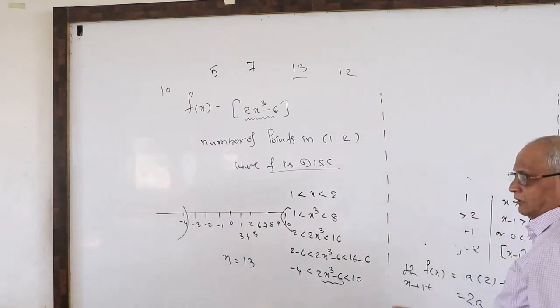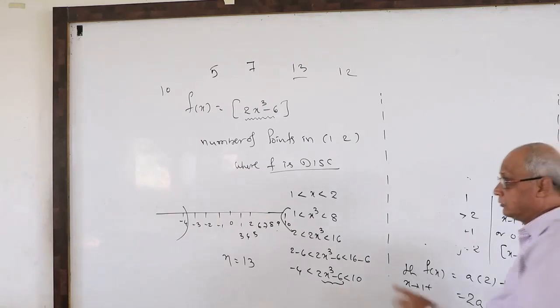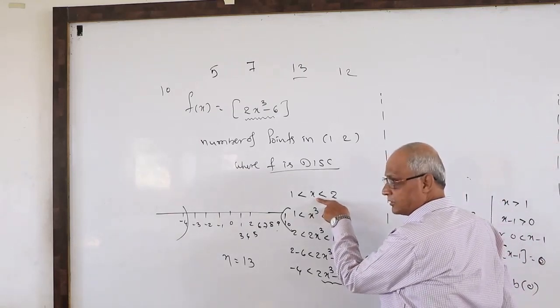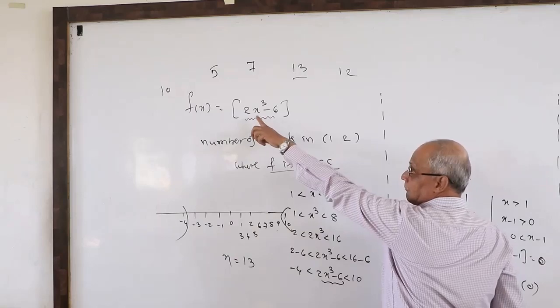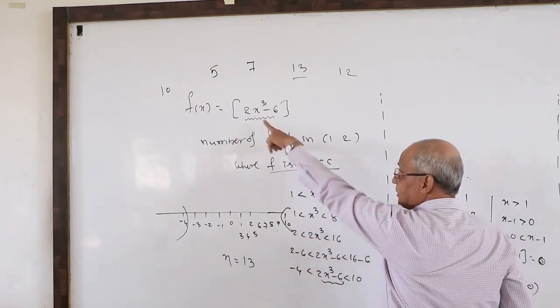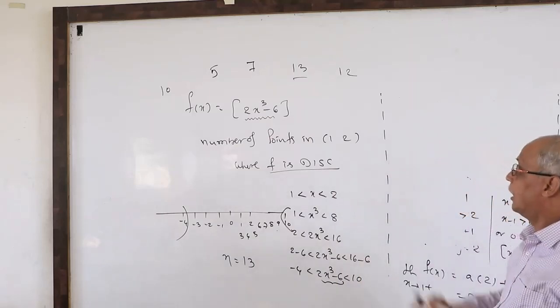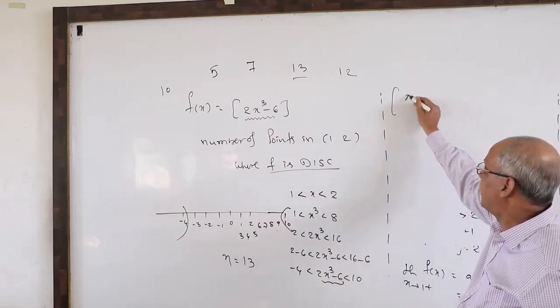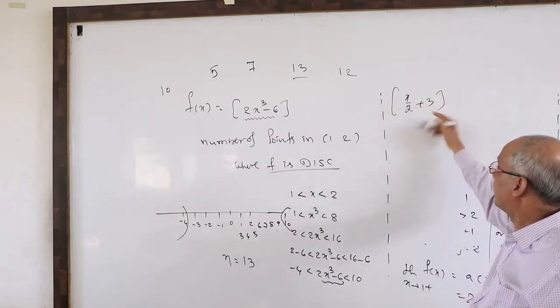So what is the main idea here? Using the interval and the step of x definition, whatever function they write, you get that function. In the exam, they may suddenly change this. Suppose they ask step of x by 2 plus 3.